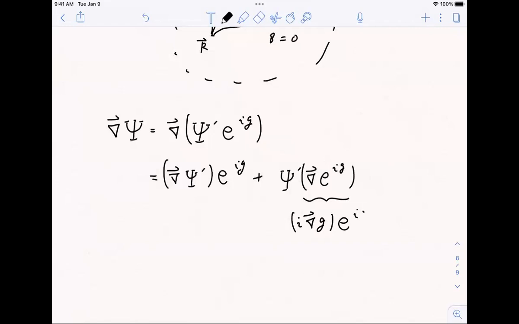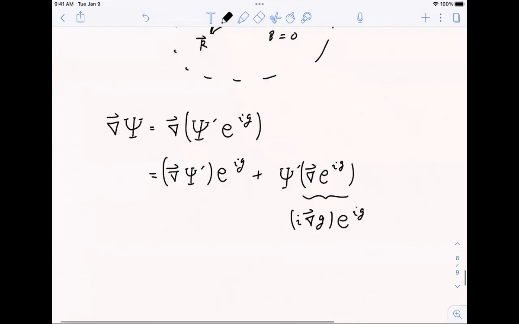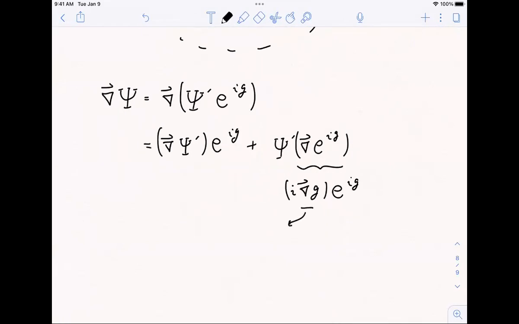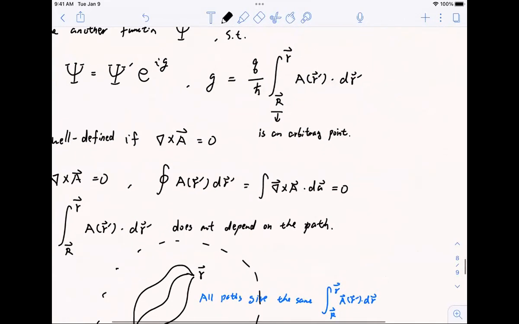I just use the chain rule. You just use the definition.